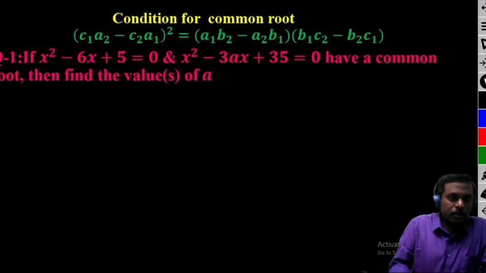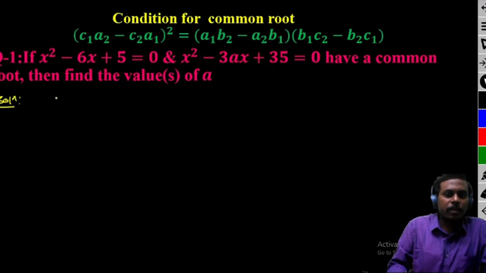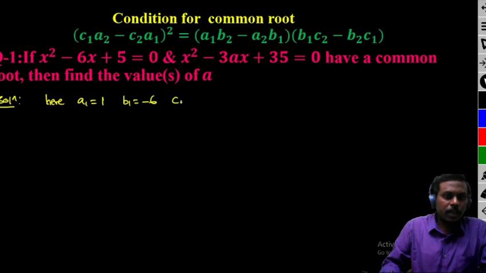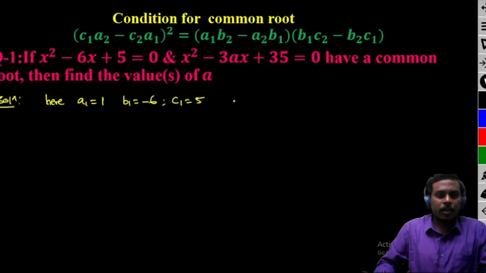Here is the solution. Let us write down. So for the given equations, let us write a1, a2, b1, b2, c1, c2. So here, what is a1 actually? A1 is 1 and b1 is equal to minus 6 and c1 is equal to 5. Okay.